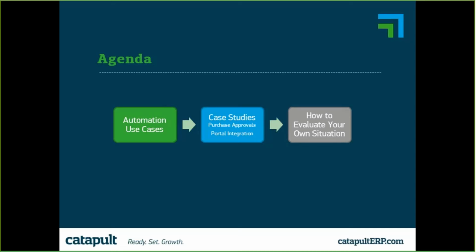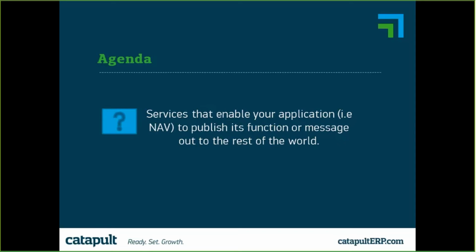And then we're going to look at what are some of the questions that you should be asking yourself so that you can evaluate your own situation and make key decisions to possibly look at building some automation or working with your NAV partners to build some automation using web services.